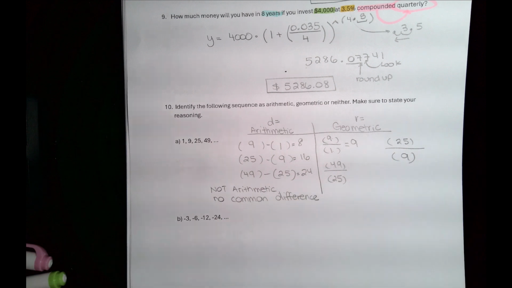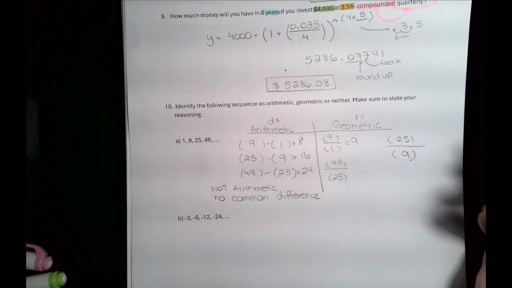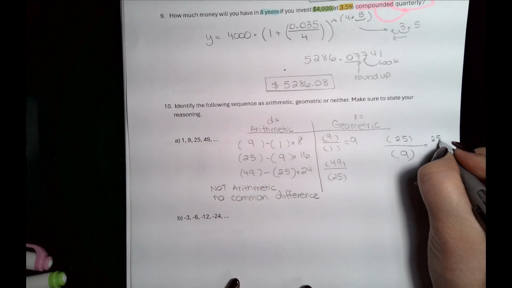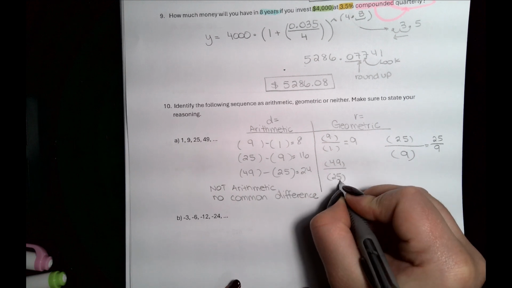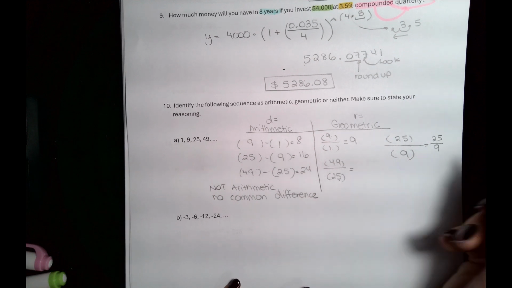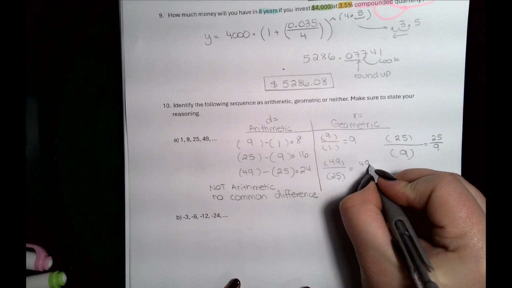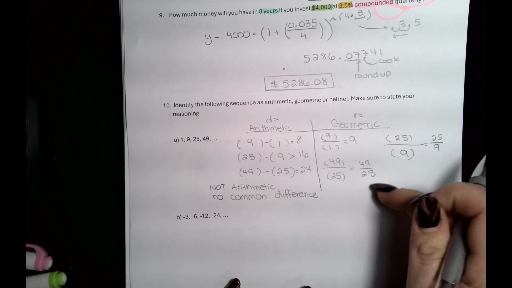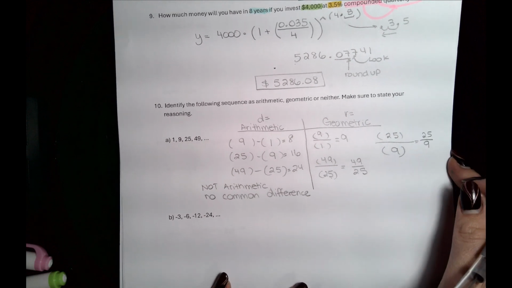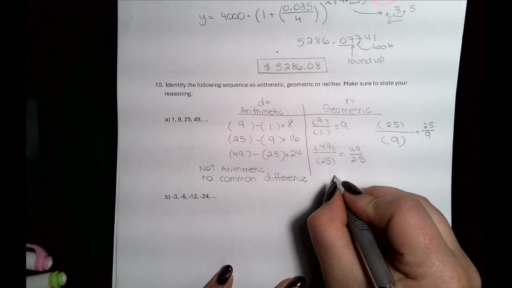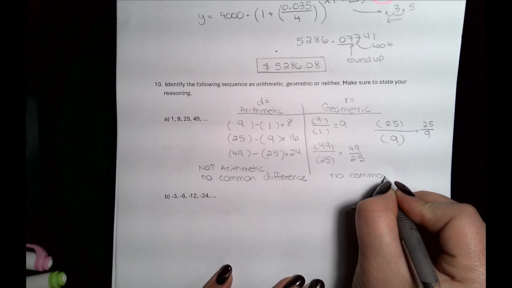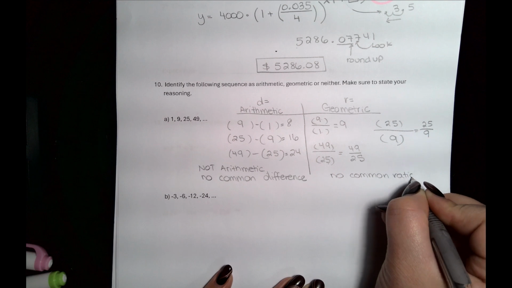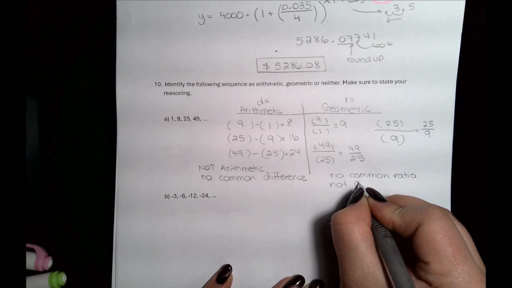This is 3 times 3, so this cannot be simplified. 49 is 7 times 7. 25 is 5 times 5. Again, this cannot be simplified. So if you take a look at our numbers, you'll notice that there is no common ratio, so it's not geometric.